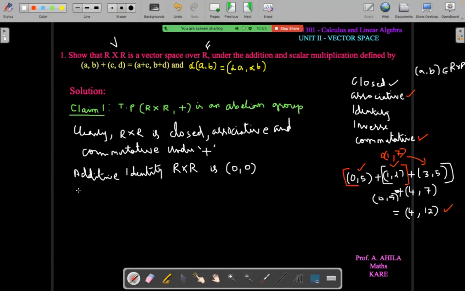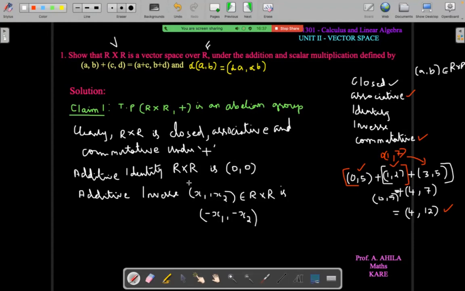Okay, and similarly the additive inverse of any element of R cross R. We can choose any element, say (x1, x2) from R cross R, and we get the inverse of this element, which is the negative of x1 and x2. So that is (minus x1, minus x2).